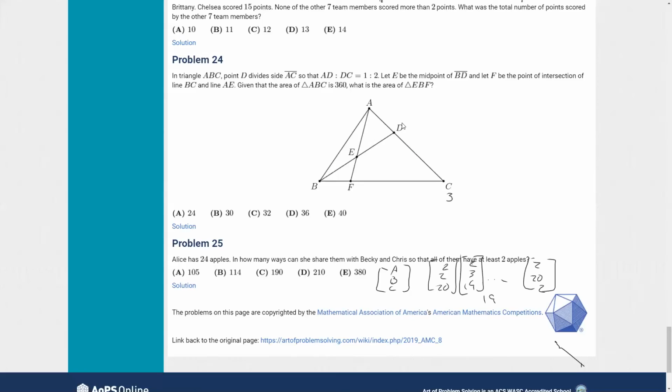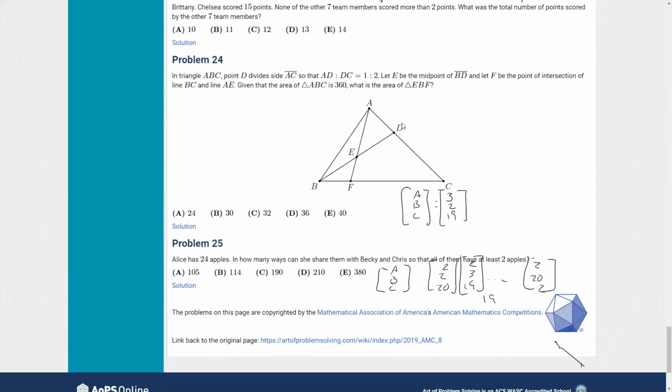Alice can get more apples than 2, obviously. So in this case, we had 19 options. What if Alice gets 3? So if Alice gets 3, same set of numbers like this: Alice gets 3, and Becky also just gets 2, and that means Chris gets 19, right?